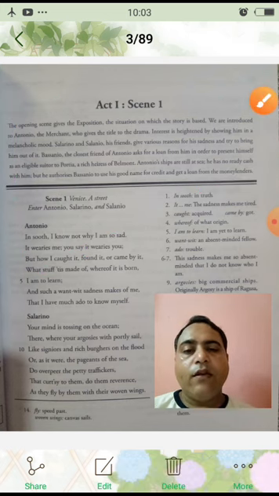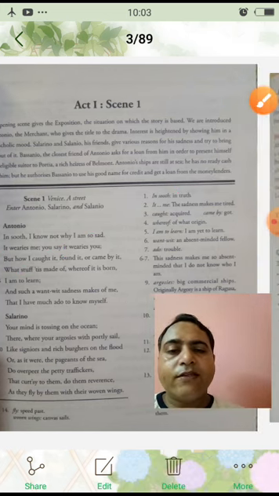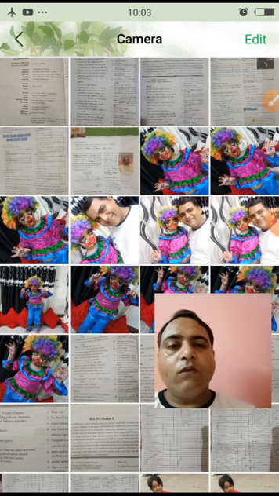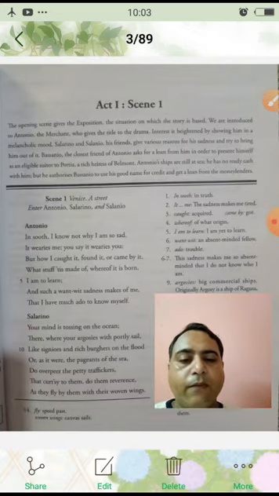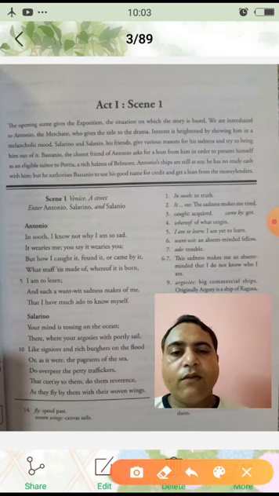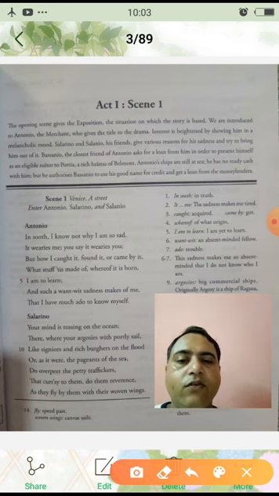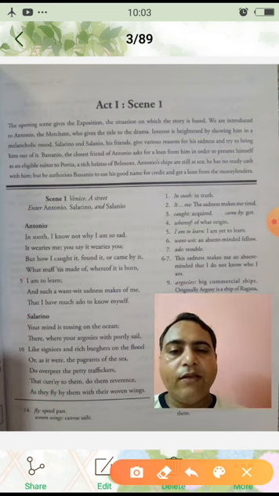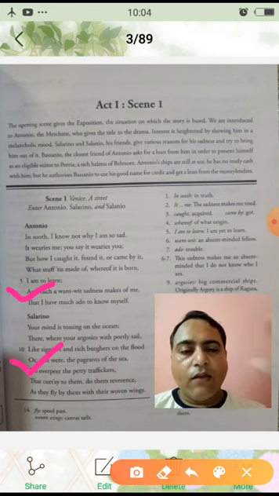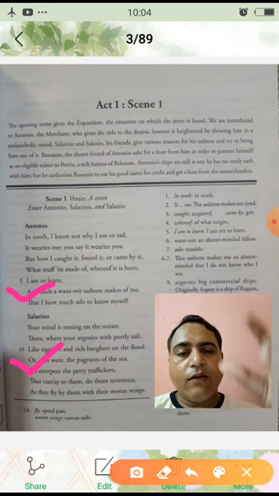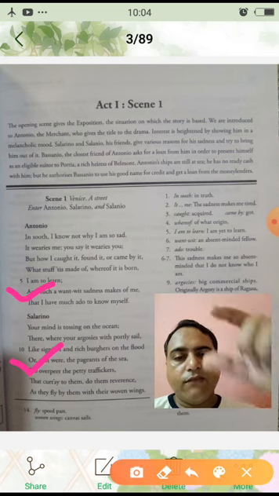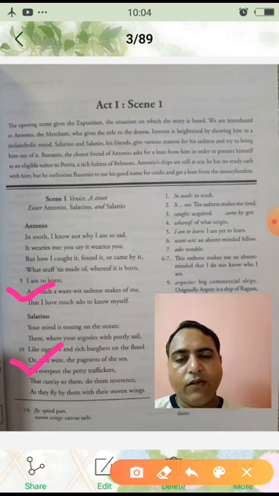Here you have to keep in mind that whatever is given in this part is in Shakespeare's language, and that is divided into lines. Like here you can see 5 is written and then here 10 is written. In the same way, after every 5 lines, the complete scene is divided like that. That is 5 lines, then 15, then 25, then 30, 35, 40, 45.